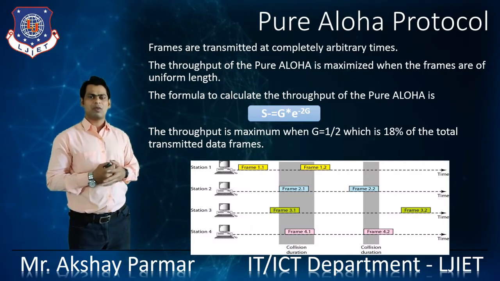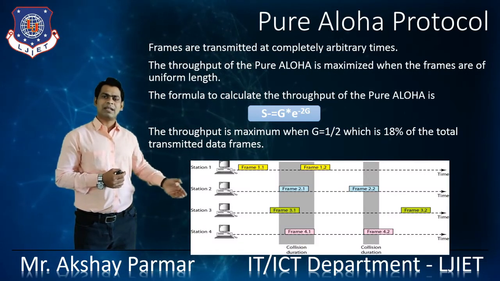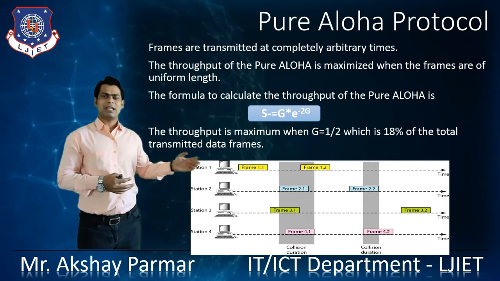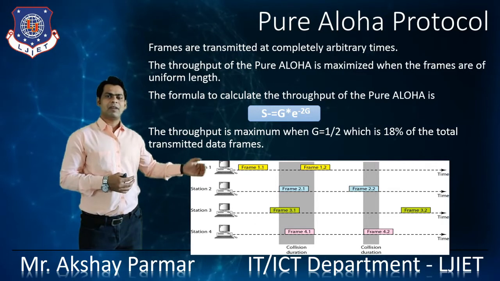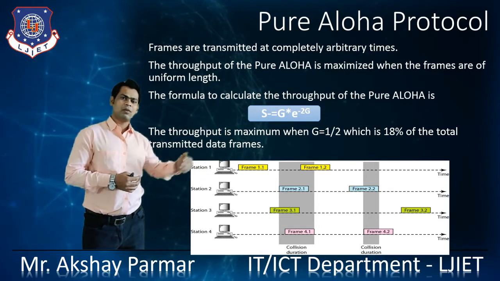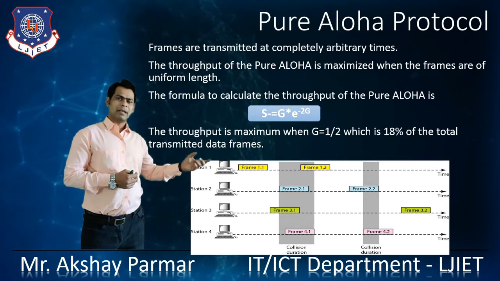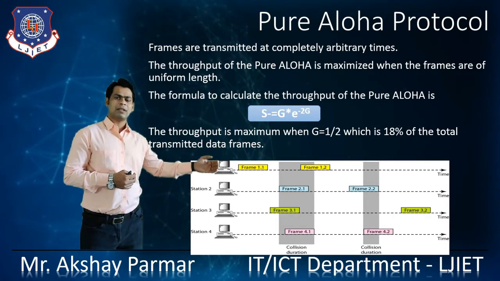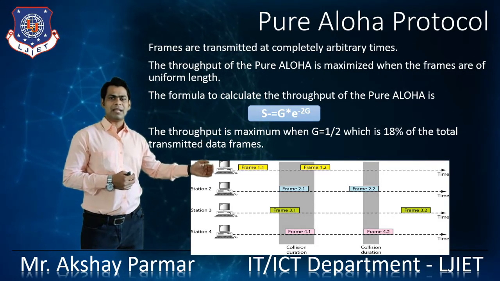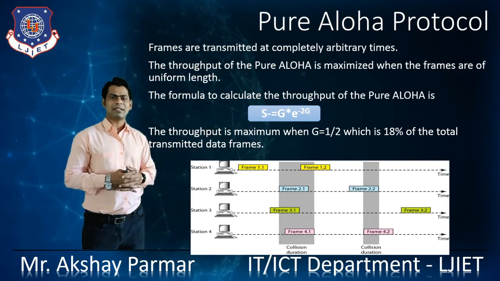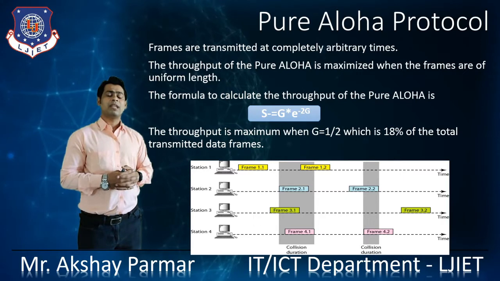Here we have four senders: sender 1, sender 2, sender 3 and sender 4, right? Sender 1 is sending data frames 1.1 and 1.2, right? Frame 1.1 is the first frame sent by sender 1, and frame 1.2 is the second frame sent by sender 1.